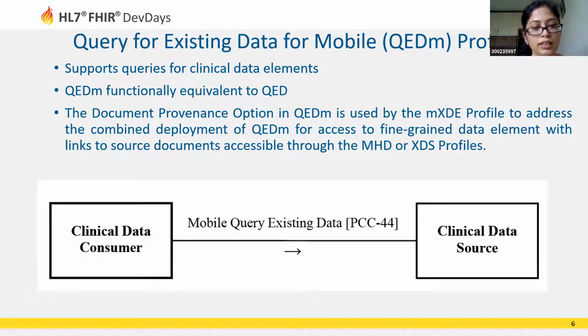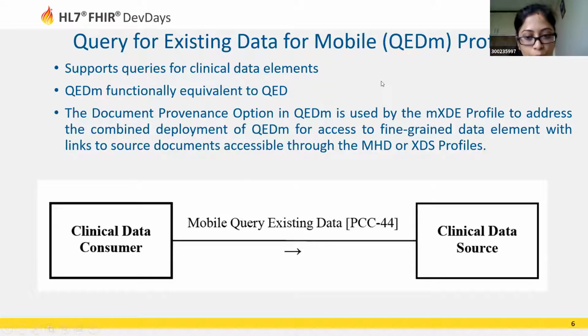So with that intent, the QEDM profile, via the document provenance option, enables us to link between the source document, that is the source CDA document, and the FHIR resources we transformed the CDA data into. So this is the link that exists between the source document and the FHIR resources that we have extracted from the CDA document. I will touch upon this in a little more detail as we go through today's session.